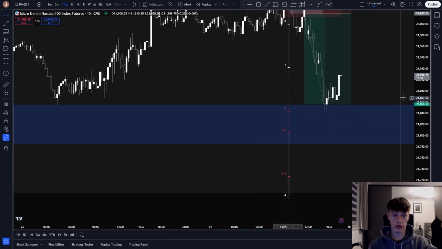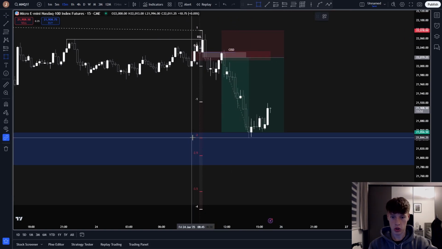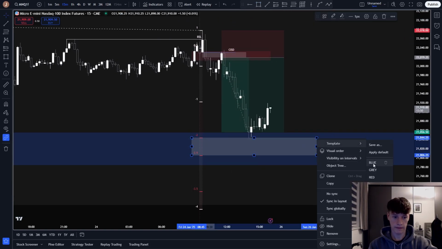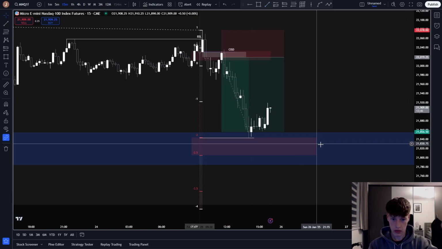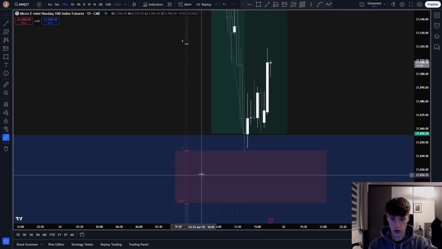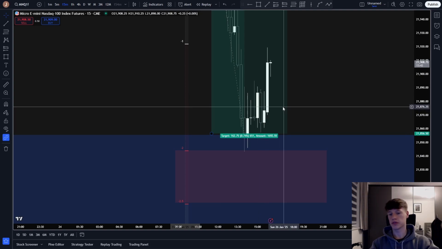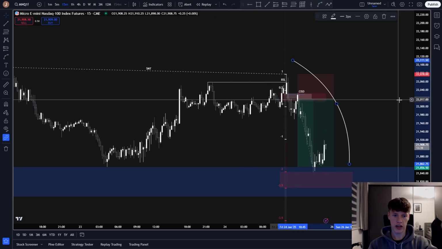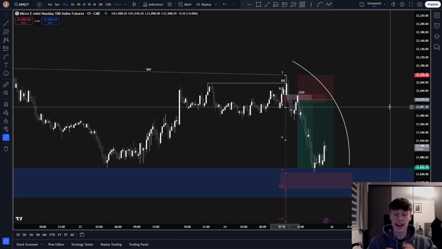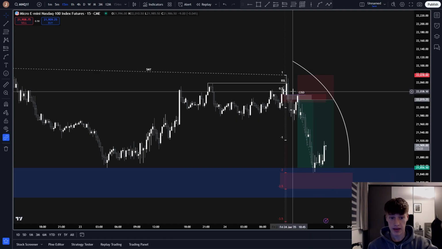Look where price rejects. To the tick. The standard deviation projection in the daily imbalance. That is proof of product right there from today's price action. That is a 15-minute time frame only.